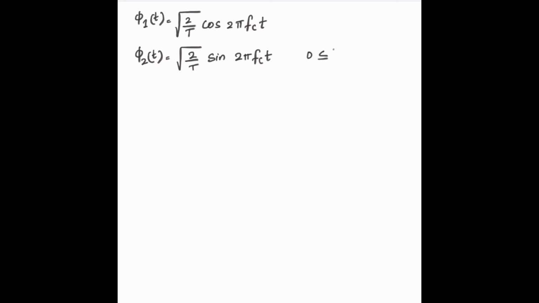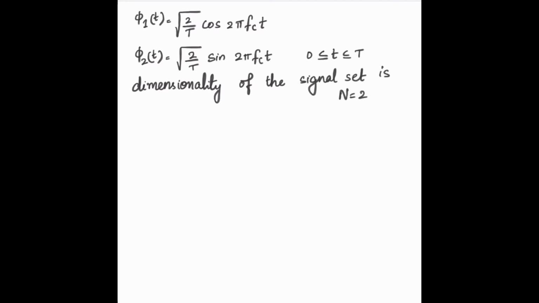This is for the interval 0 to capital T. So you have two basis functions, so the dimensionality of the signal set is N equal to 2.